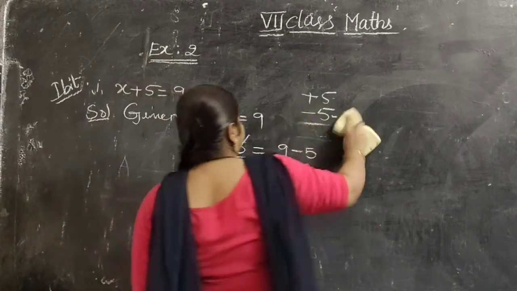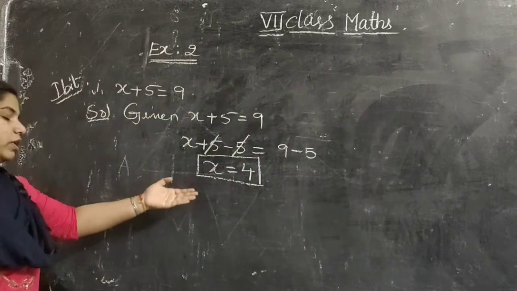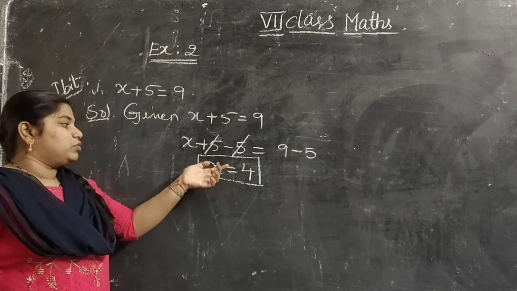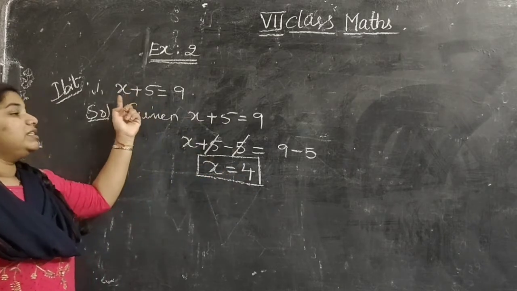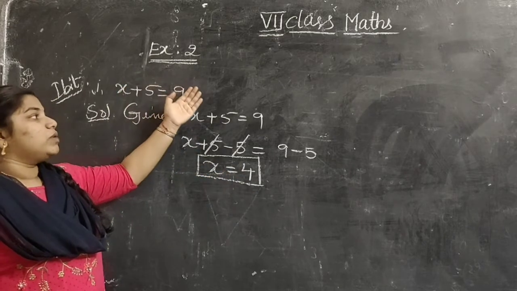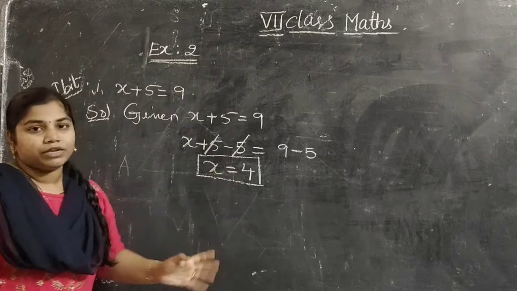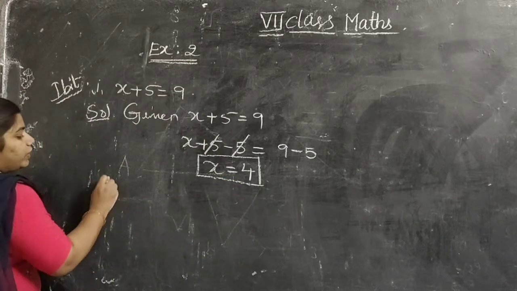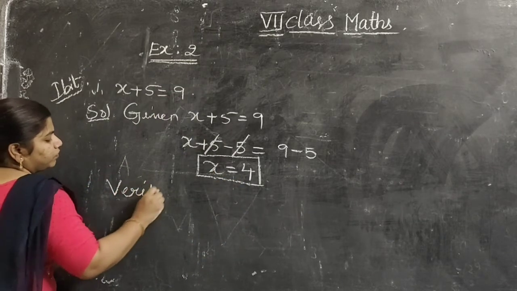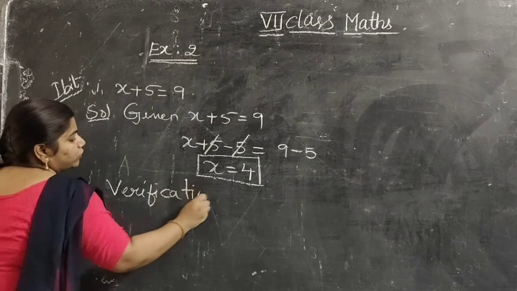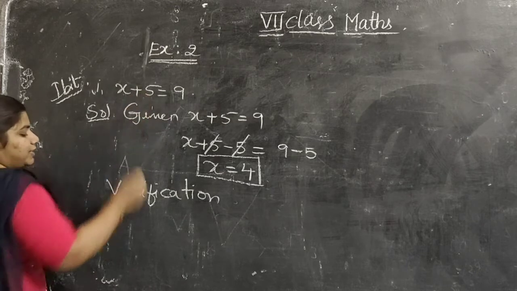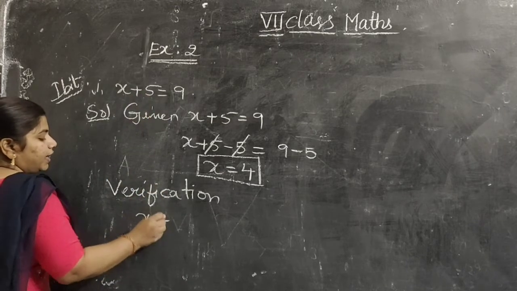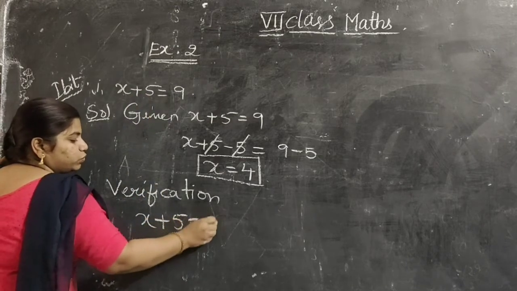So we have to do verification now. If you substitute this 4 in place of x and you get LHS is equals to RHS, then what you did will be correct. So verification. In place of x we substitute 4. What is the equation? x plus 5 is equals to 9.